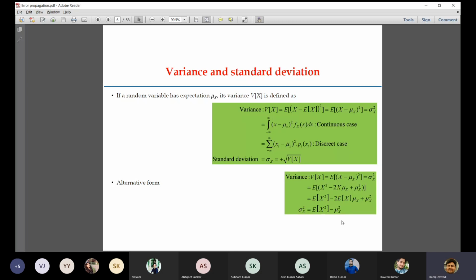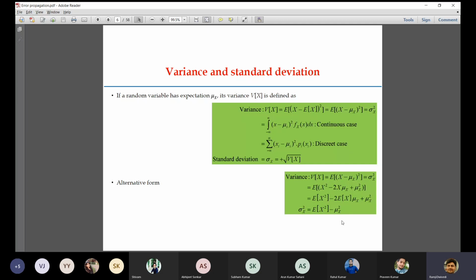Because these are the fundamental quantities, and you would be writing them multiple times while coming back to error propagation. So the moment I ask you to do this, you will start from these quantities only. Okay, so if everybody is clear, we can move ahead. Any questions?